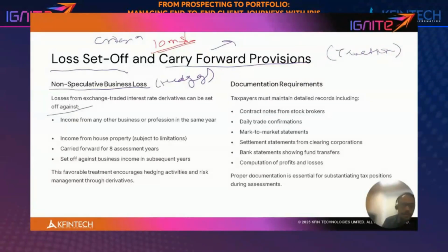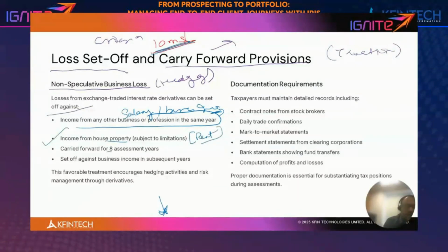I can set off this loss against any income from business or profession in the same year. So if I can set it off against my salary or my own business income, my tax liability reduces, because the tax on the profit that I was having will be reduced by the extent of loss over here. Income from house property, that would be rent.